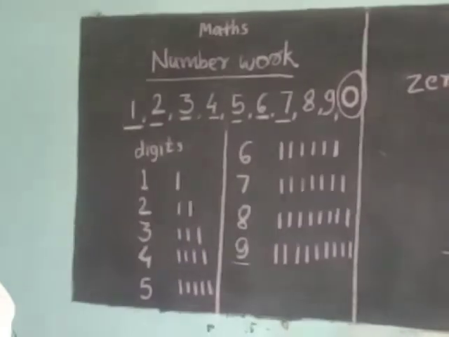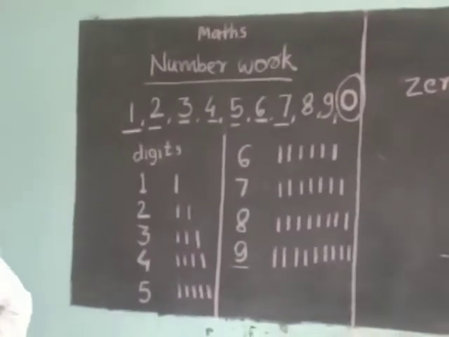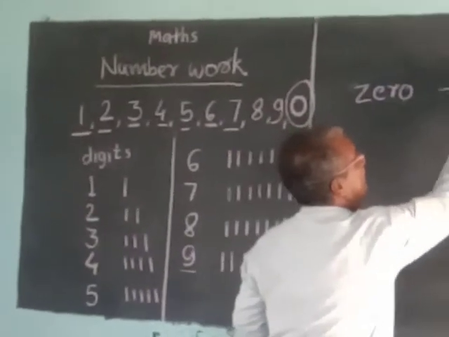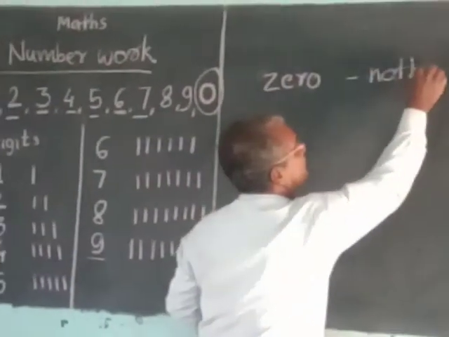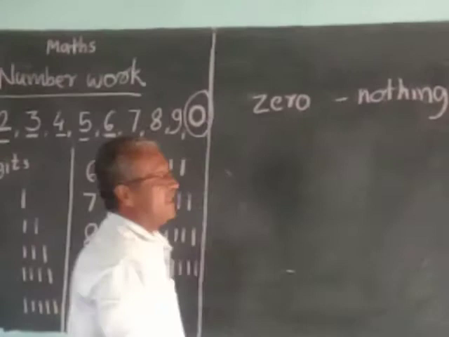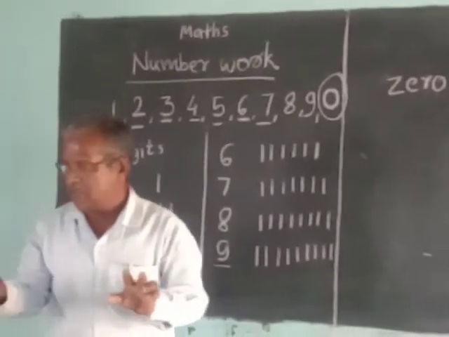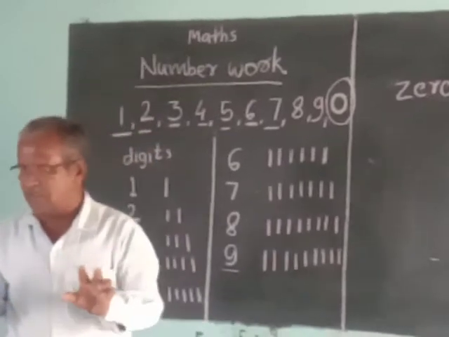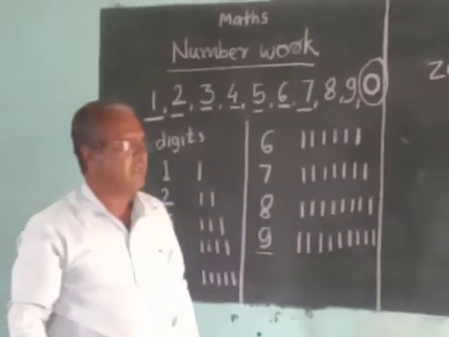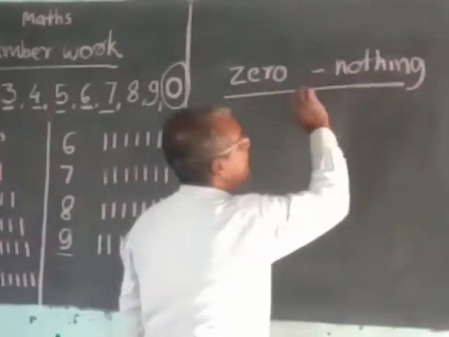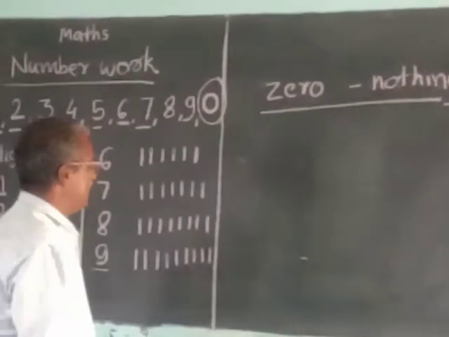It means that 0 means nothing. There is no single piece of chalk in the box. The box is empty. 0 means nothing, means empty.